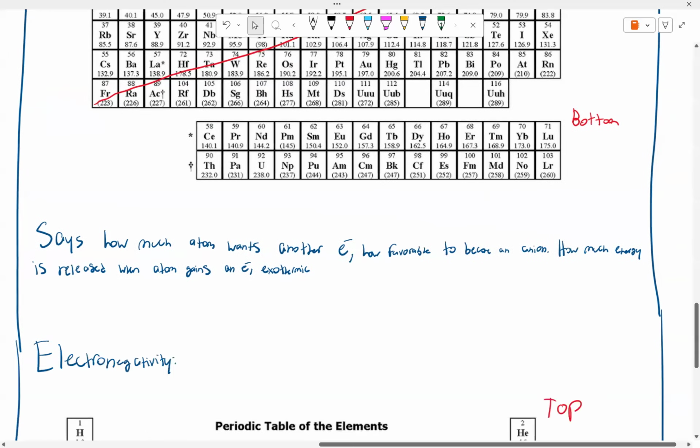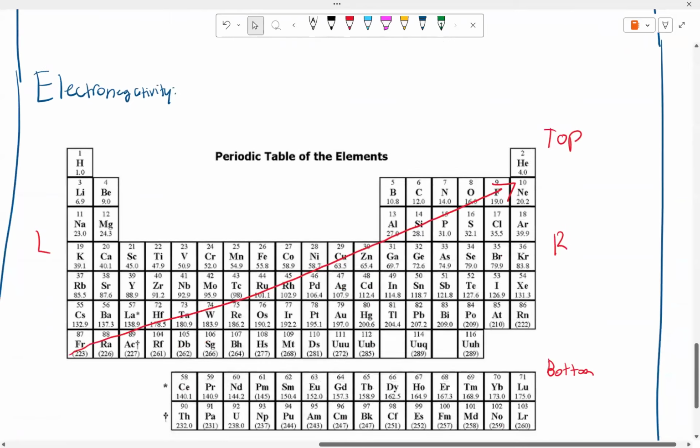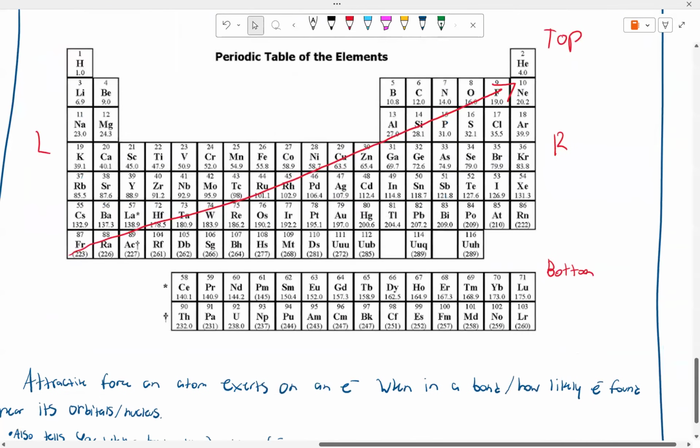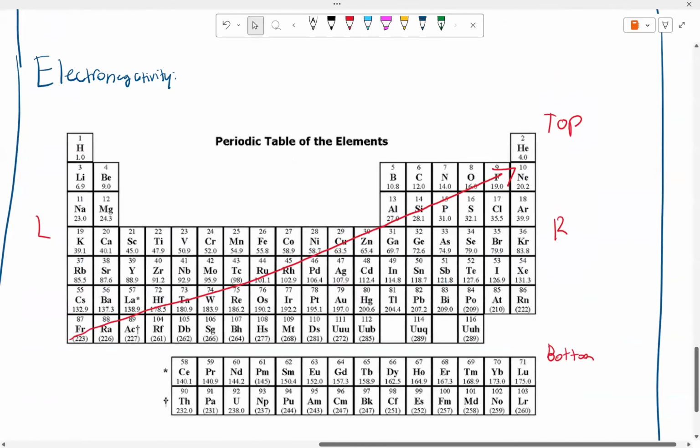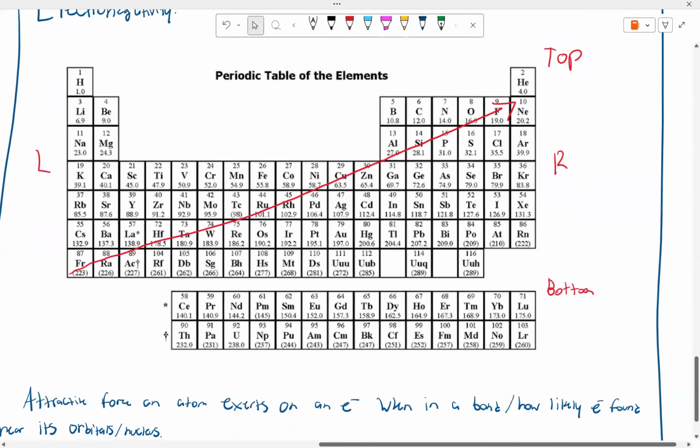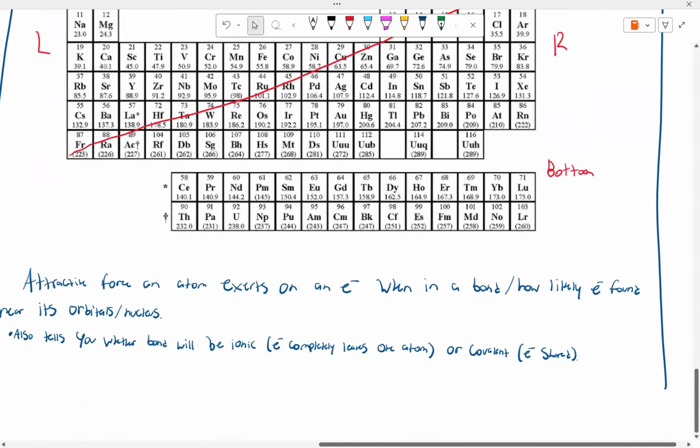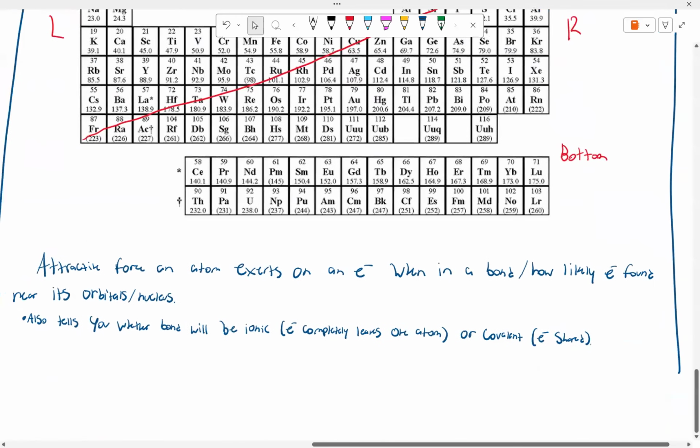Then we have electronegativity, which is probably one that you've heard before, because it's really common and popular. Electronegativity is the attractive force an atom exerts on an electron when in a bond, or how likely the electron is to be found near its orbitals or nucleus.